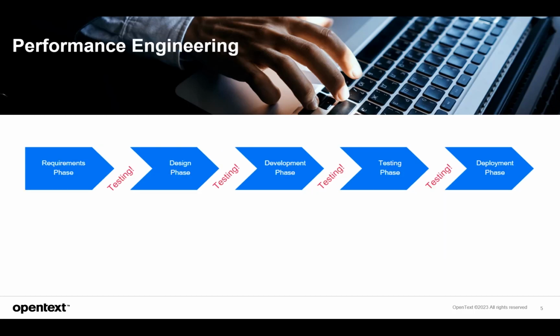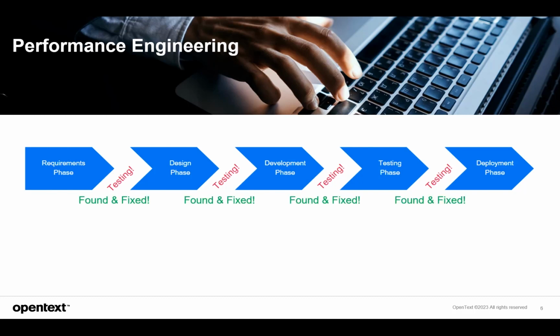So performance engineering is a proactive and continuous approach that aims to make sure that all steps of the software development lifecycle are done with non-functional requirements in mind as well, meaning that performance is taken into account during the requirements and the design phase of a product. It's part of the development phase, and it's certainly part of the official performance testing and so on.